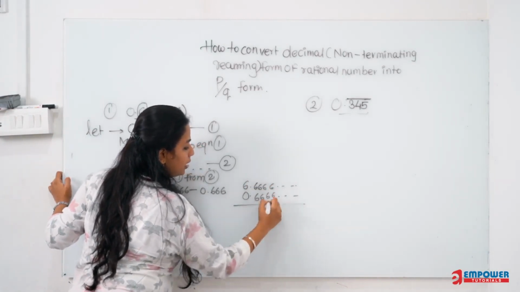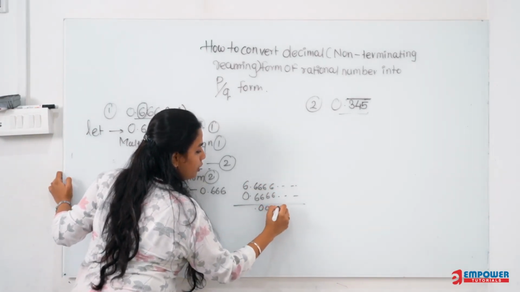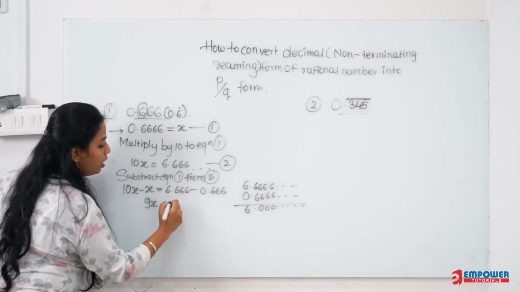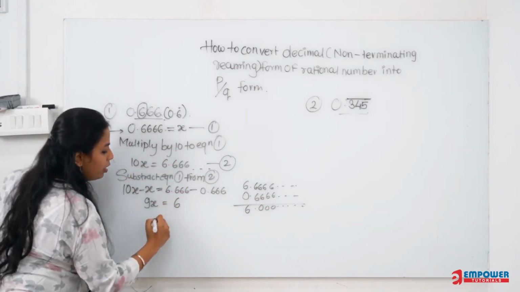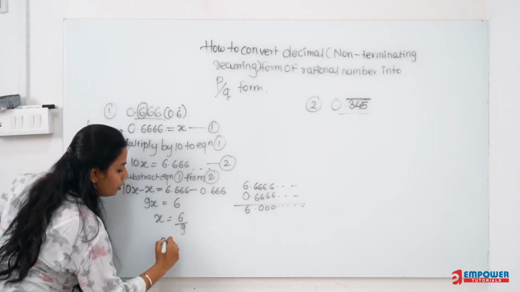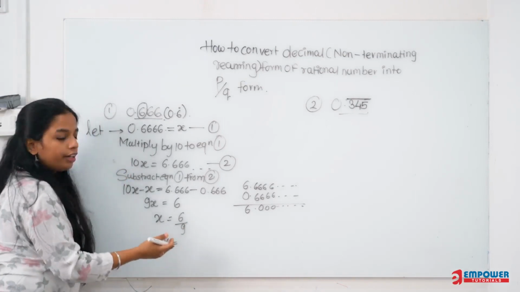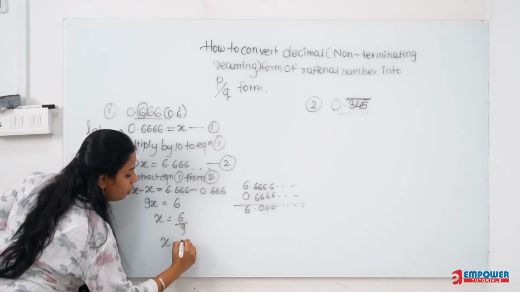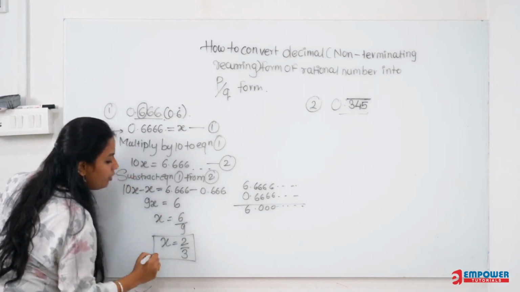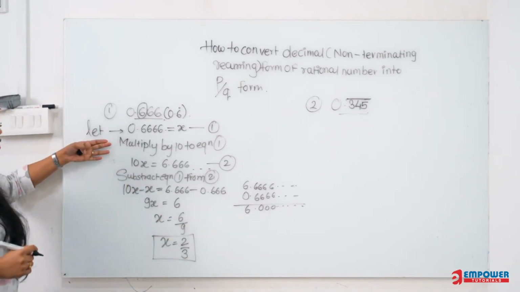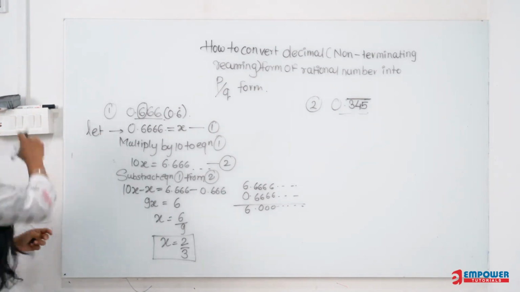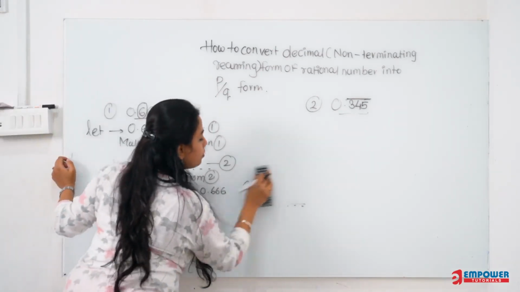So all these 6s will get cancelled and we will get 0, 0, 0 till infinity, and here we will have 6. So the answer of this will be 6. Now x is equal to 6 by 9. And you can also write a more simplified form of this. So it will be equal to 2 by 3. So in this way we can convert decimal form of rational number into p by q form. Okay, this is one example.